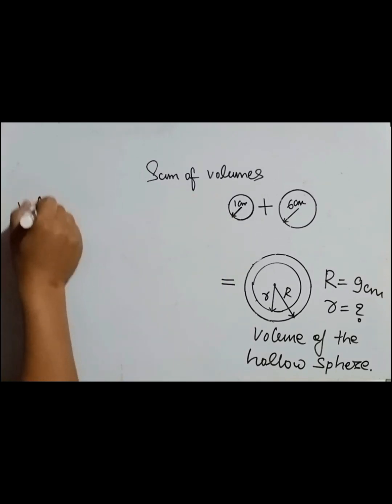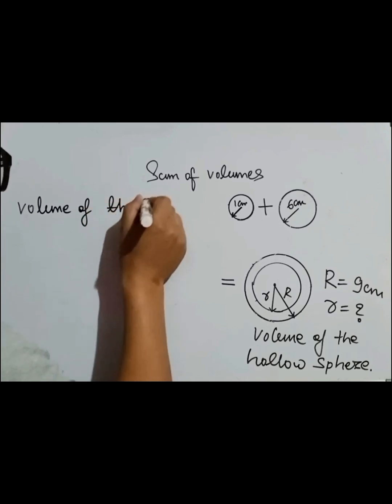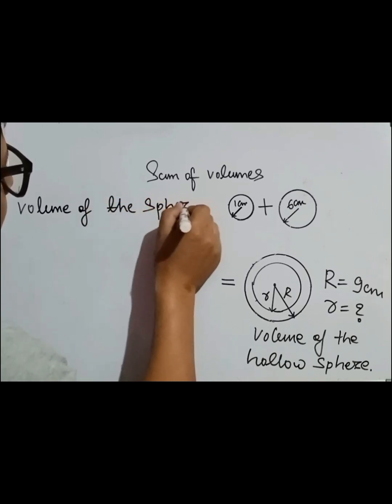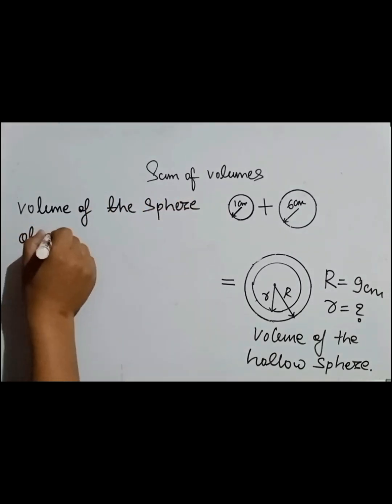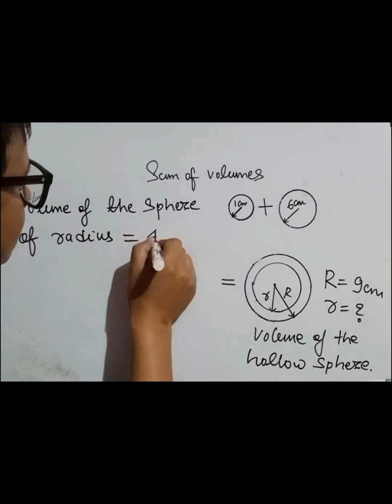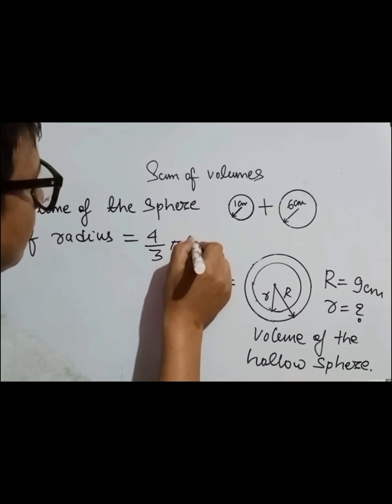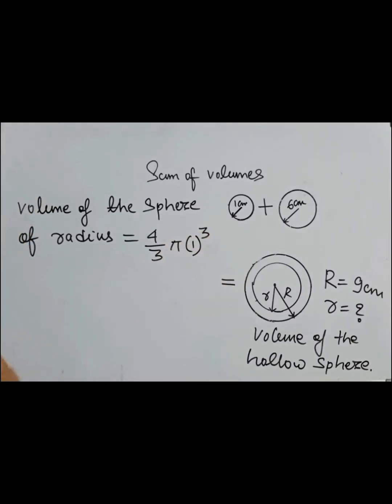Now let us find the volumes of these two given spheres of given radii. First of all, the volume of a sphere is 4 upon 3 pi r cube.